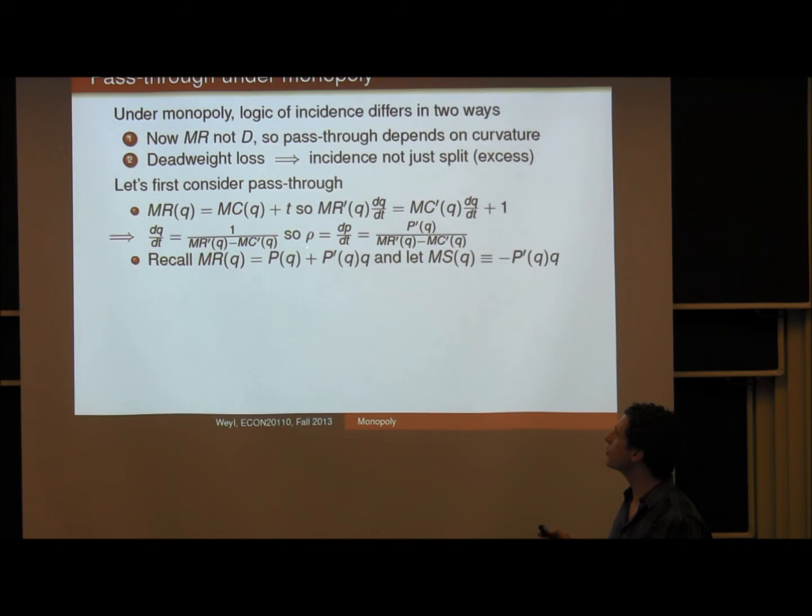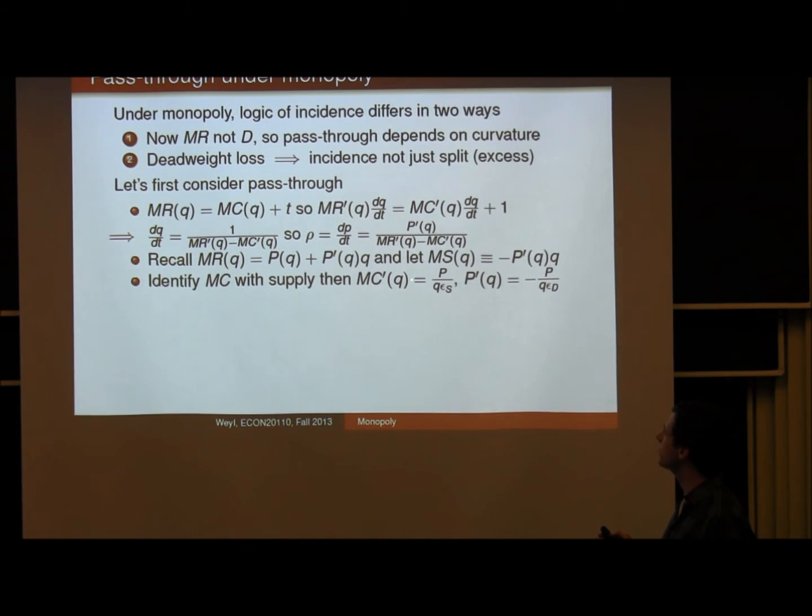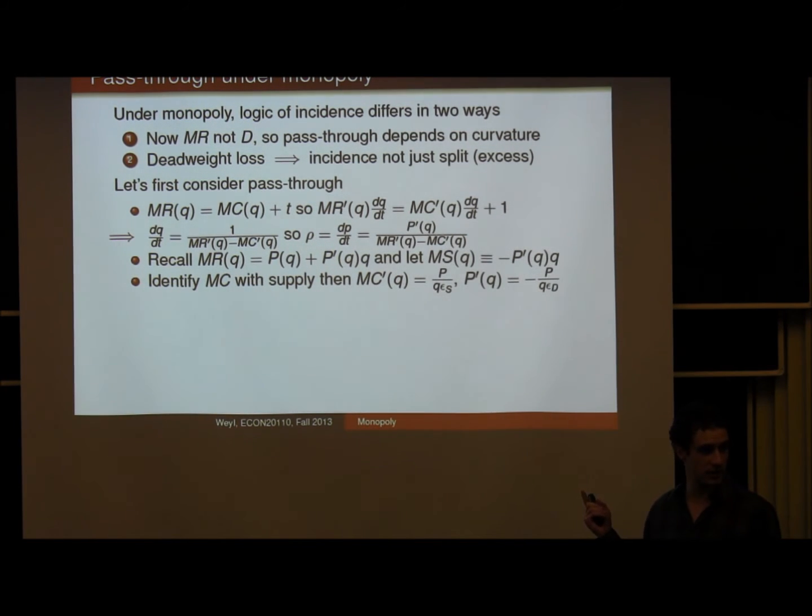Now remember that MR is equal to P plus P prime times Q. So if we let the marginal surplus, as we were talking about before, be equal to negative P prime times Q, and we identify the marginal cost curve, remember that the supply curve is just the inverse of the marginal cost curve, so we can identify the supply curve with the marginal cost curve, then marginal cost prime is equal to P over Q times the elasticity of supply, just by the same logic we did to derive the elasticity of demand in the Lerner index before.